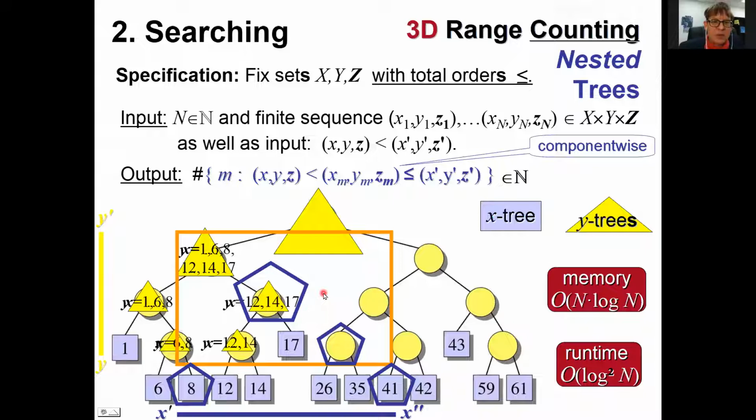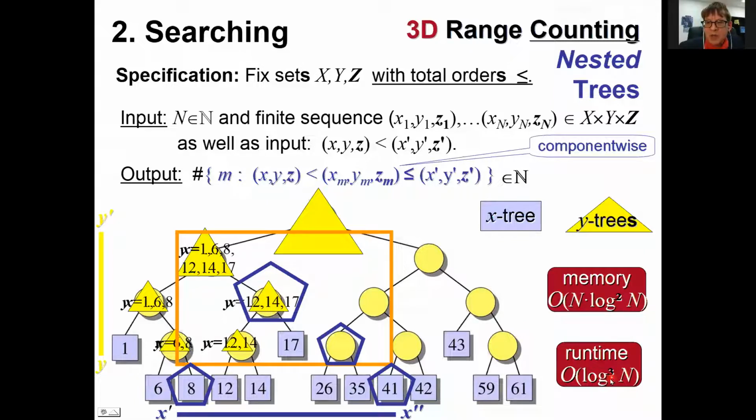And I refrain and leave it to you to spell out the algorithm that deals with this 3-dimensional range counting problem. And just to observe that the memory overhead is now logarithmically squared, so n times log squared, and the running time is now logarithmically cubed. And you can imagine how that generalizes to 4 and higher dimensions.